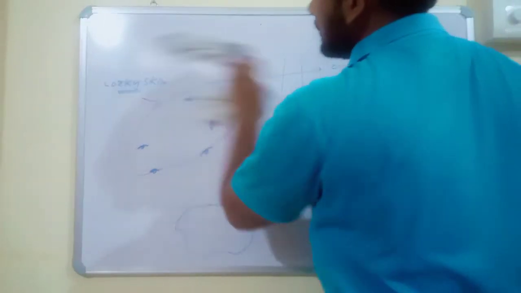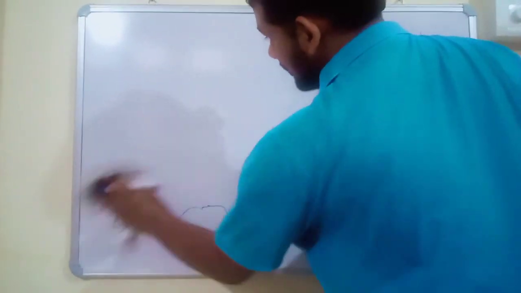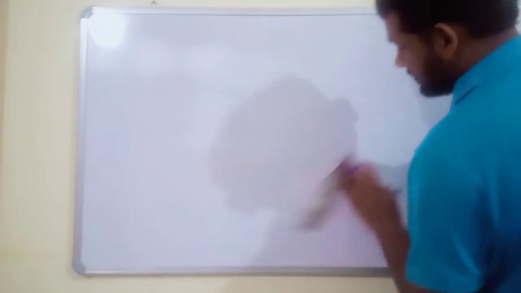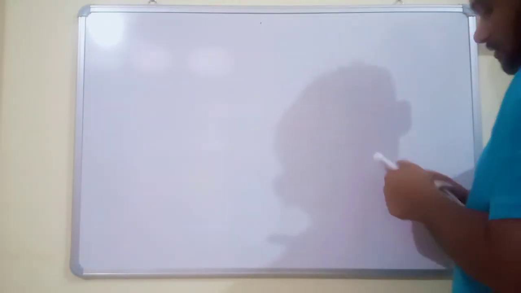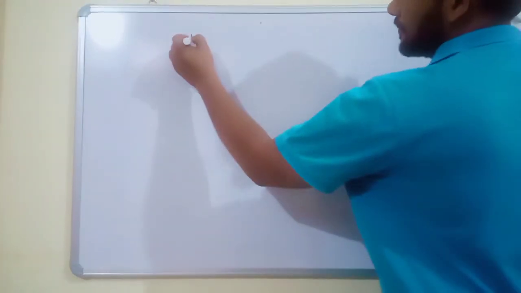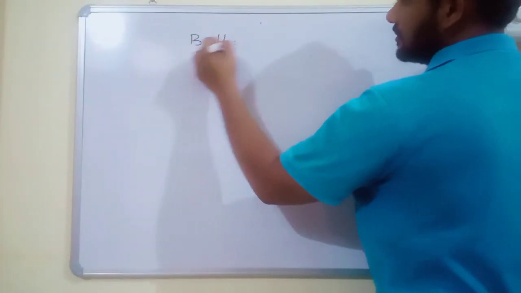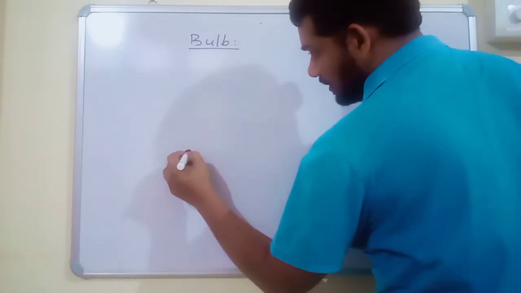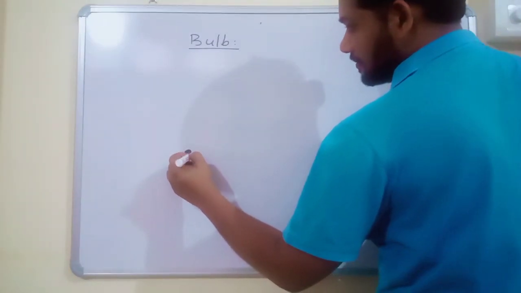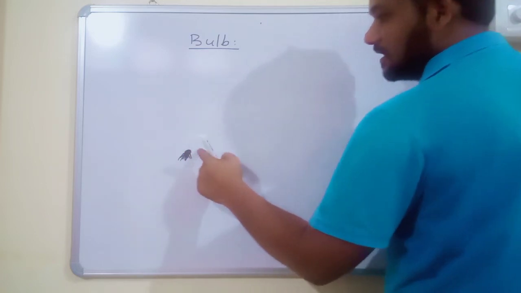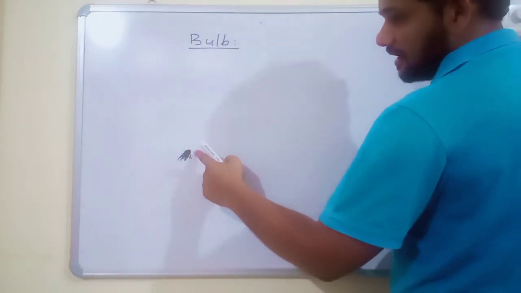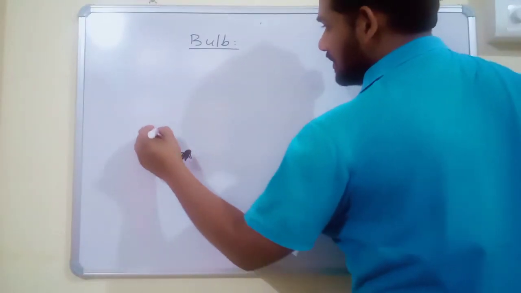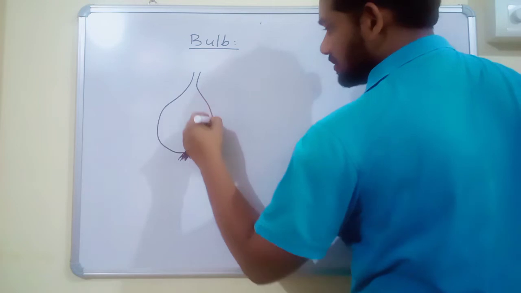Next, the last underground stem modification is called bulb. So in plants like onion and garlic, the stem is highly reduced to form a disc-like structure, and below the stem many adventitious roots are present, and above the stem many fleshy scale leaves are present.